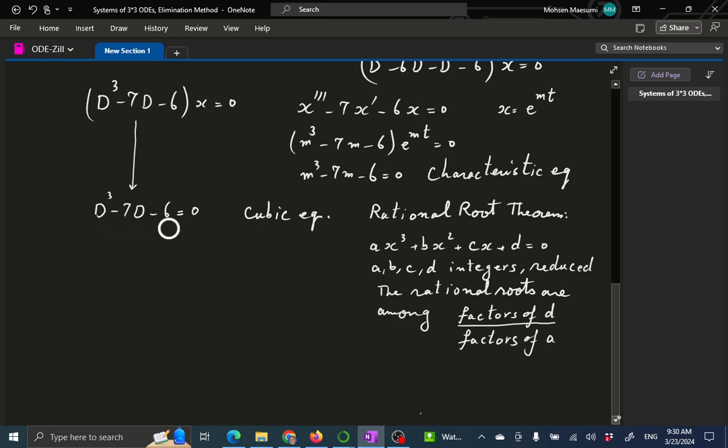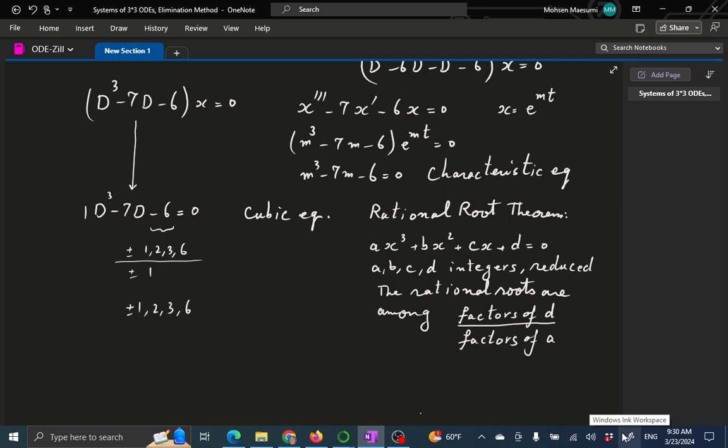So for example, in this case, a is 1 and d is minus 6. Factors of this are 1, 2, 3, 6 in plus or minus. Factors of 1 are just plus or minus 1. The ratio of these two, due to the fact that this is just 1, turns out to be plus or minus 1, 2, 3, or 6.